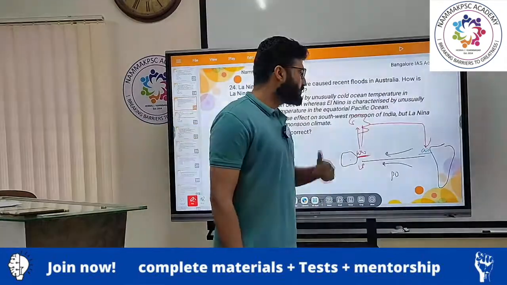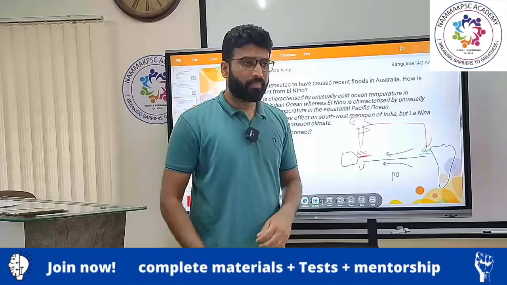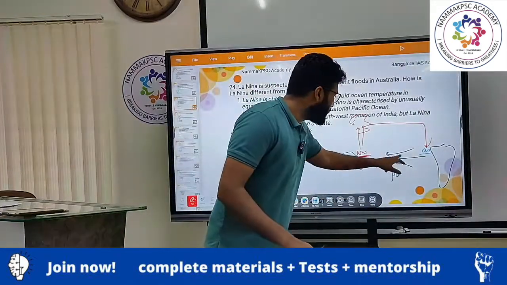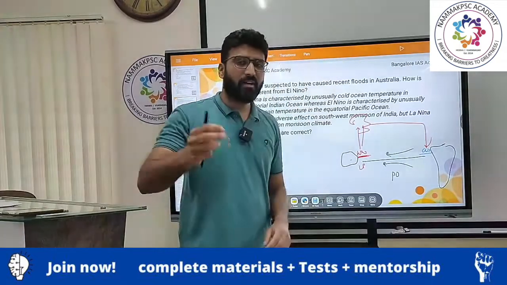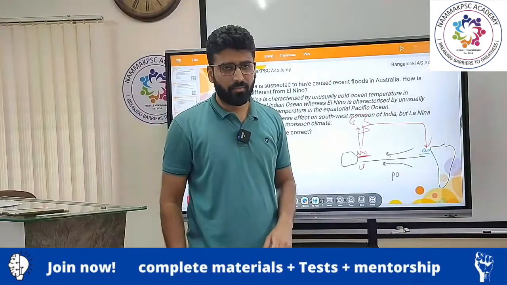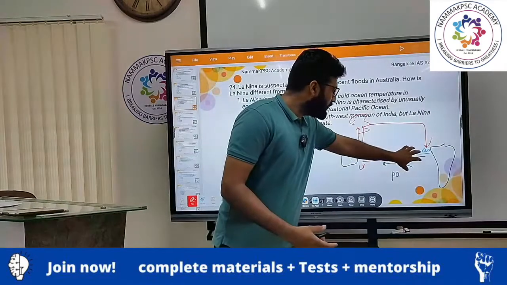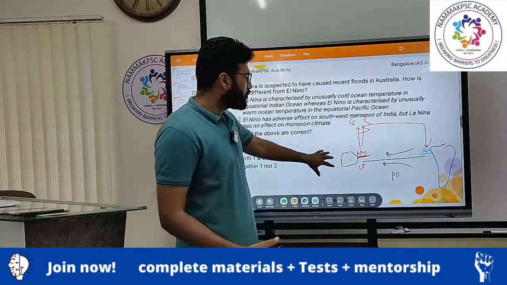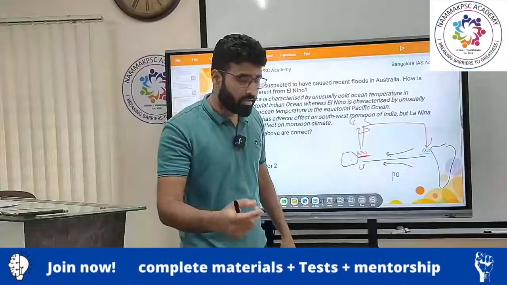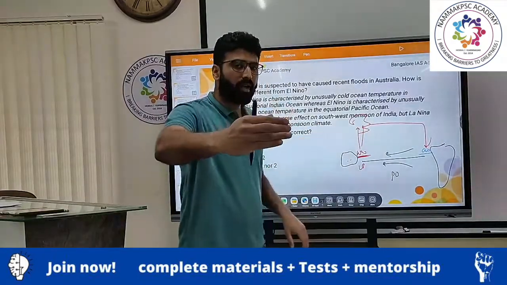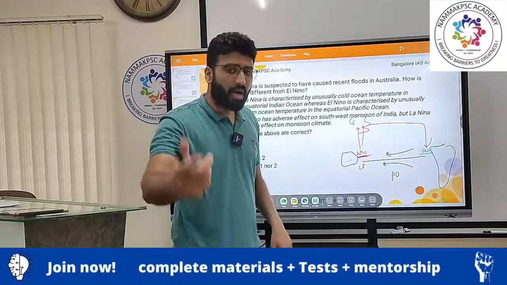Now, what happens during El Nino is that, we don't know why, but for some reason, the trade winds become very, very weak. When the trade winds become very weak, there is nothing to push all the equatorial warm water towards Australia, because of which the warm water moves in the opposite direction, known as the equatorial counter current.